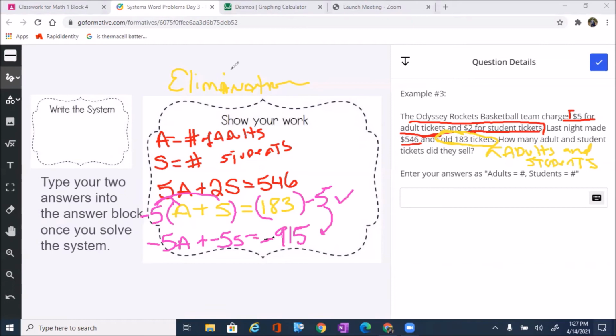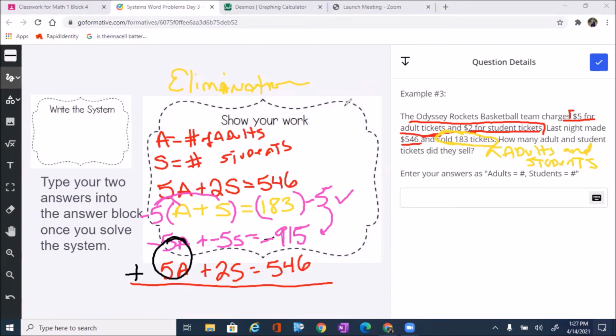So now I need to go ahead and bring down that red line so I can do the elimination. 5a plus 2s equals 546. And we're going to use elimination. So I'm going to go ahead and begin by adding those two lines again.